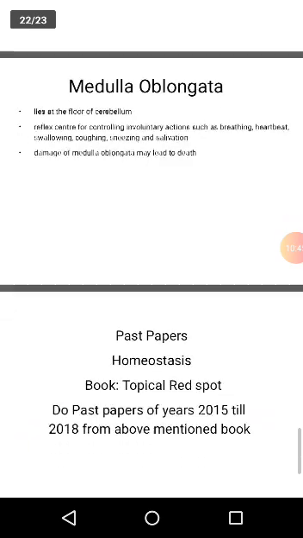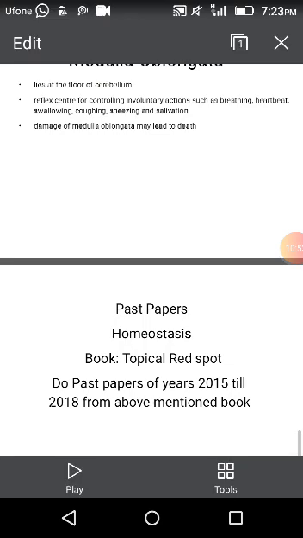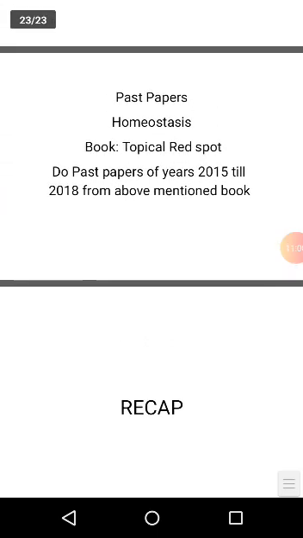The last part after the cerebellum is the medulla oblongata. It lies at the floor of the cerebellum. It is the reflex center of coordination, controlling involuntary actions such as breathing, heartbeat, swallowing, coughing, sneezing, and salivation. Damage to the medulla oblongata may lead to death.